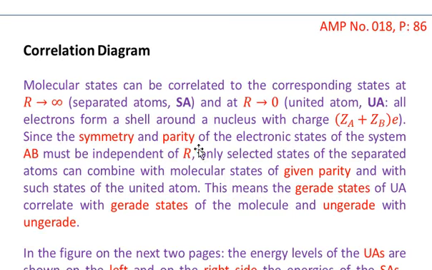Since the symmetry and parity of the electronic states of the system A, B must be independent of the distance r between them, only the selected states of the separated atoms can combine with the molecular states of the given parity and with such states of the excited atoms.